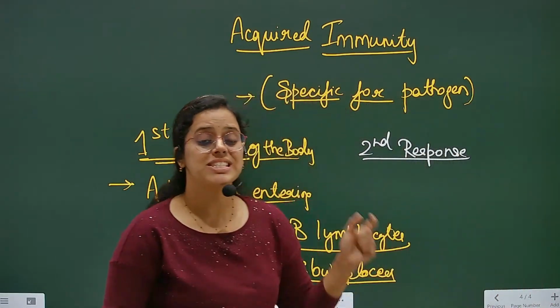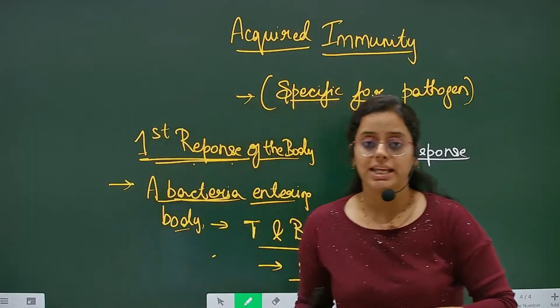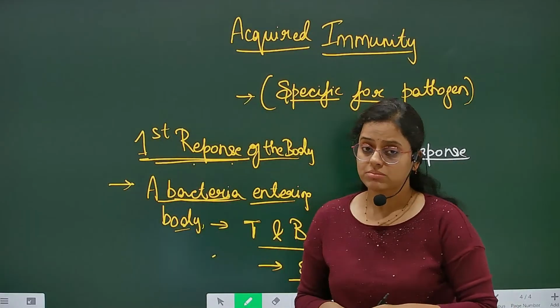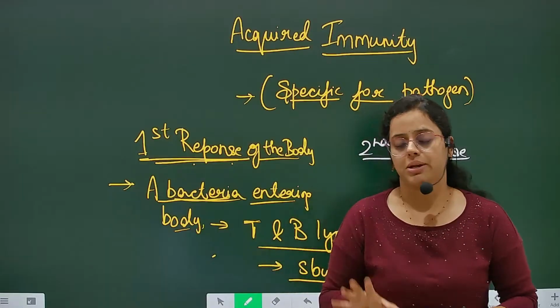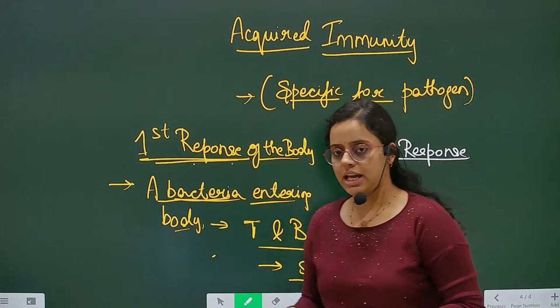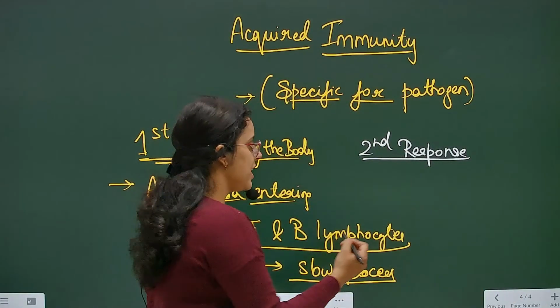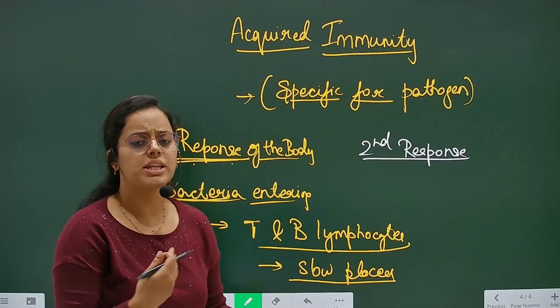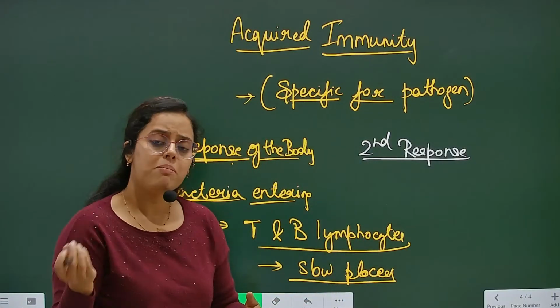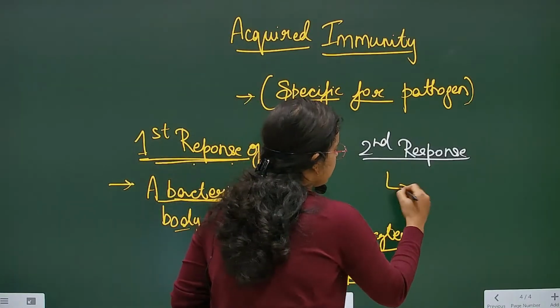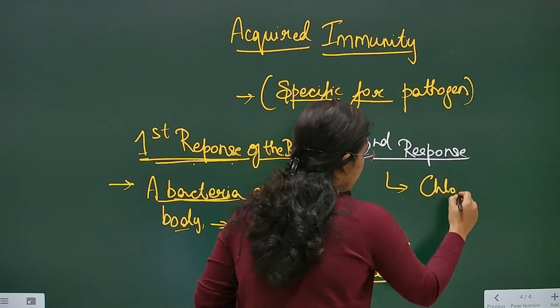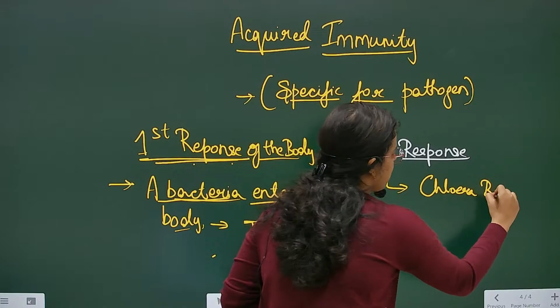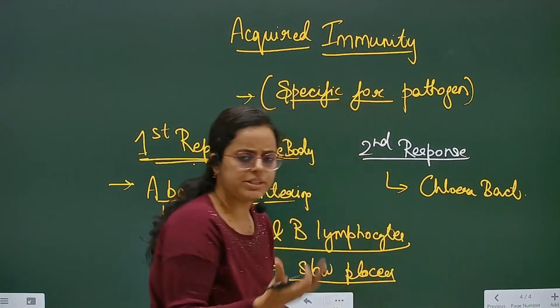Now coming to the second response. In the first response I took the example of cholera. The second time, after a few years, after 1 year or 2 years, the cholera bacteria re-enters the body through contaminated water or food.